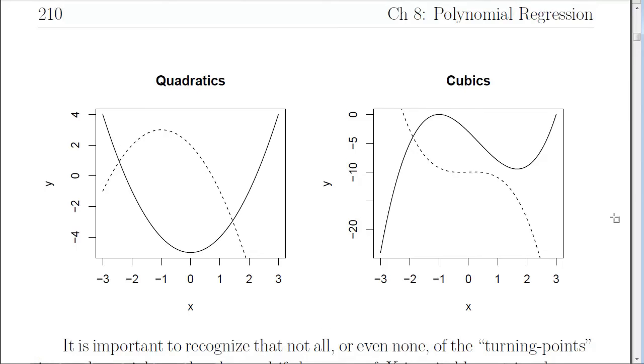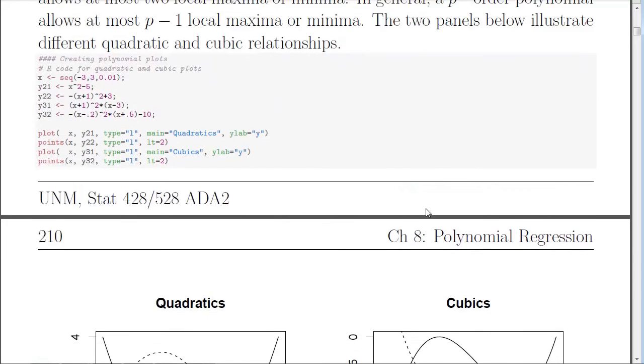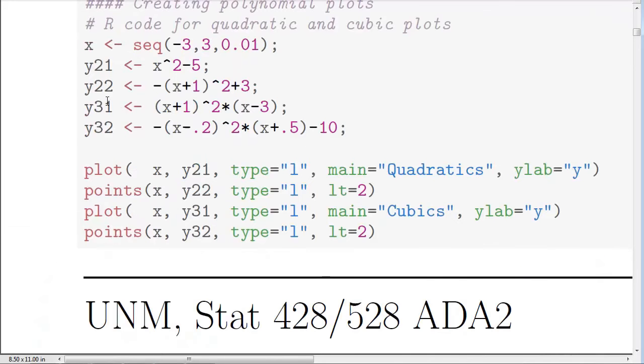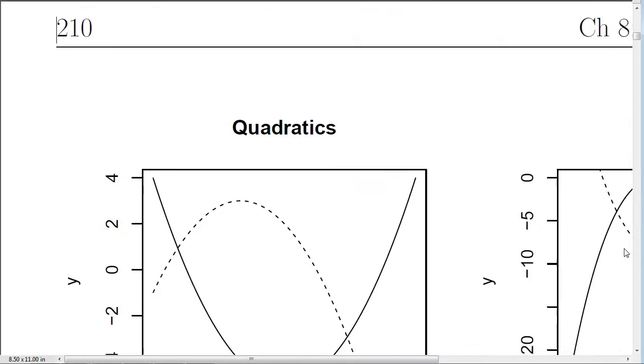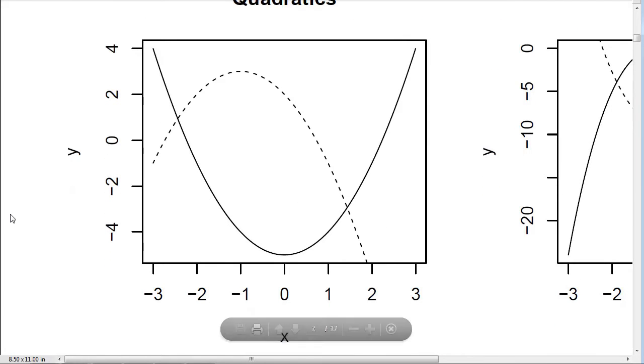And these equations, just to take a quick look at the code for this, to be honest, this does not look very helpful. But here is the first curve, the first quadratic curve. It's x squared minus 5. So minus 5 is the intercept for this, and x squared, we have this quadratic term.